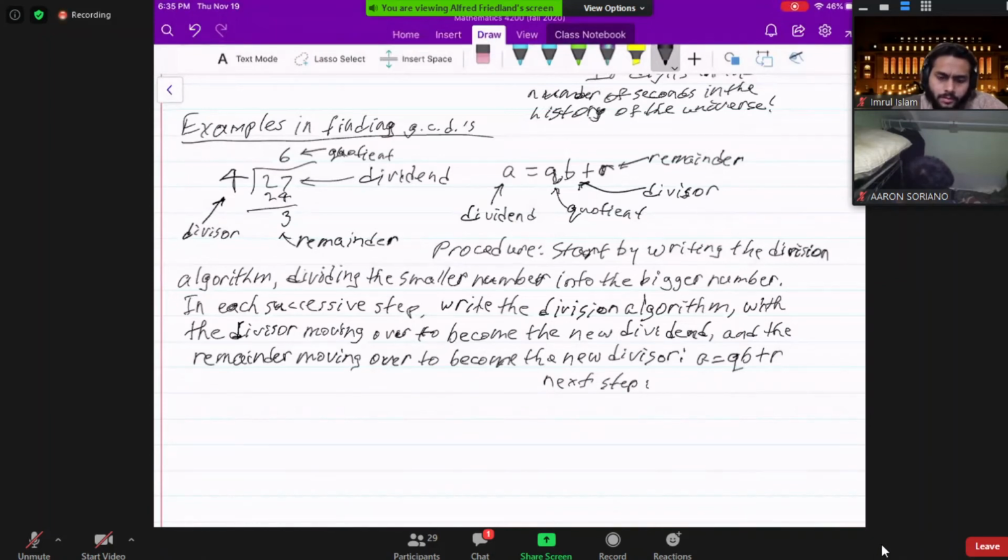What I wrote at the top, A equals QB plus R. So the B is the divisor. So the divisor is going to move over to become the new dividend, and the remainder is going to move over to become the new divisor.